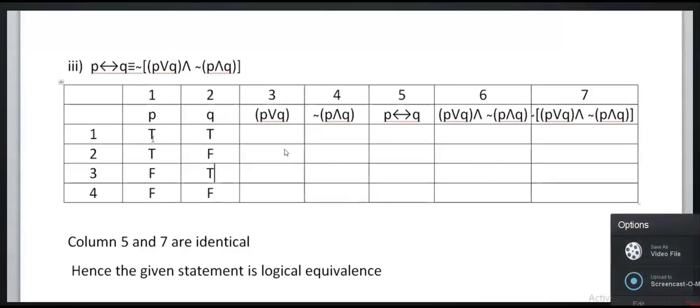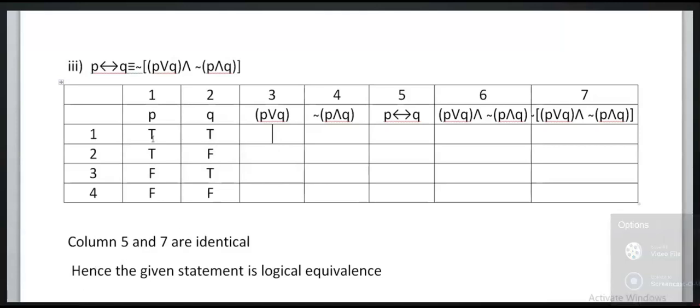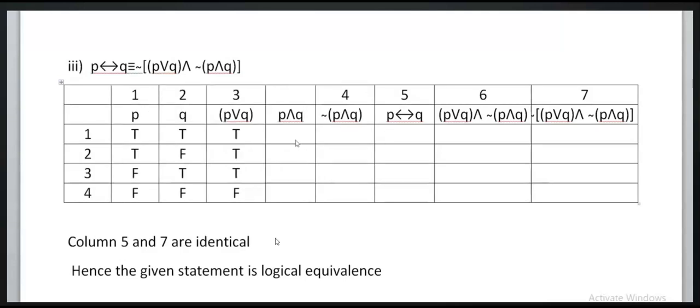It is T, T, T, F. Now next we will require the negation of P and Q, but before that we'll require P and Q. For P and Q, if both of them are true, then it is true, otherwise false.